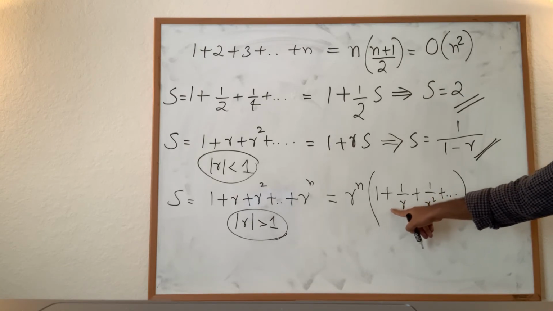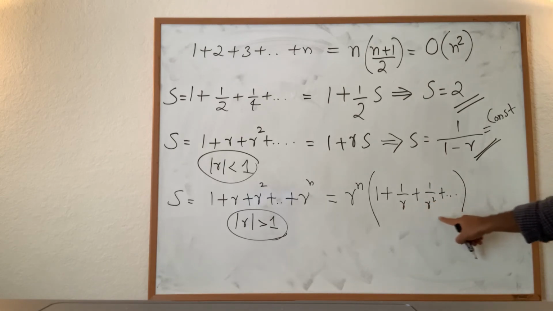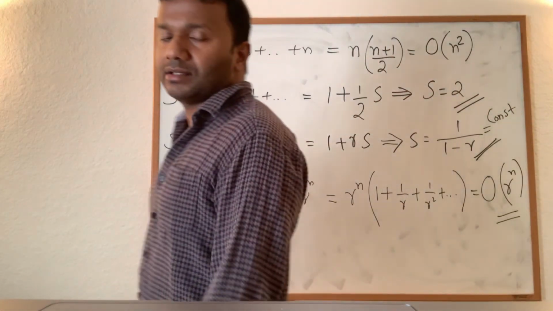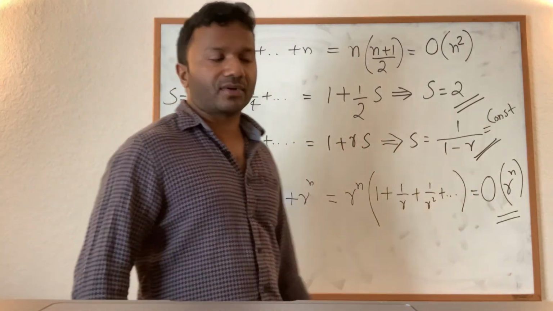So that means this entire thing is going to be a constant, or I can write it as order of r raised to n. We perhaps may not need the actual sum. We just need all of these things in big O terms only.